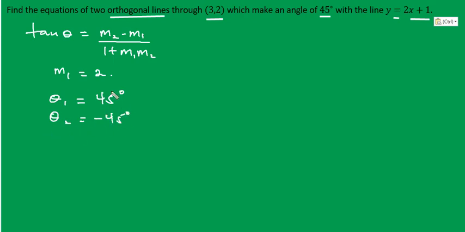You need to note that if there are two different lines making an angle with a line, one should be at a negative angle, another at a positive angle. That is the idea.